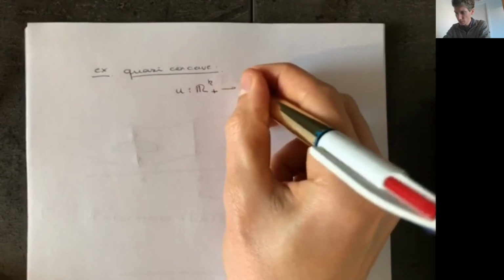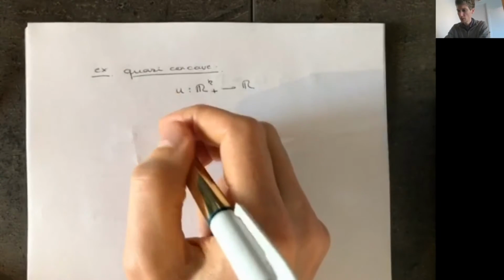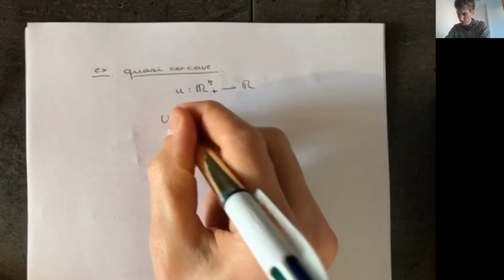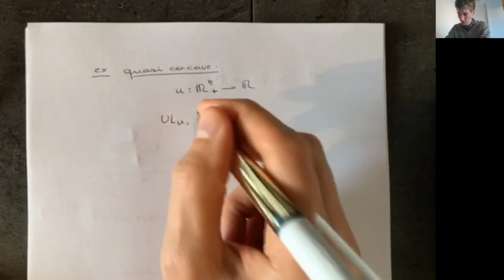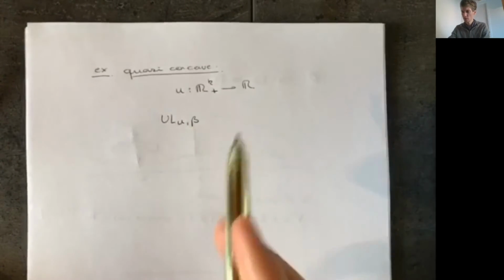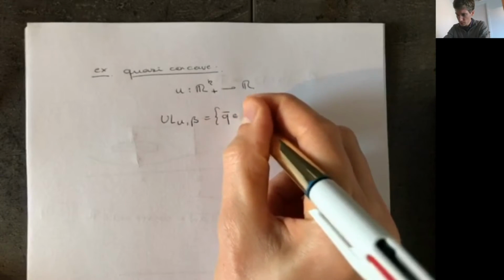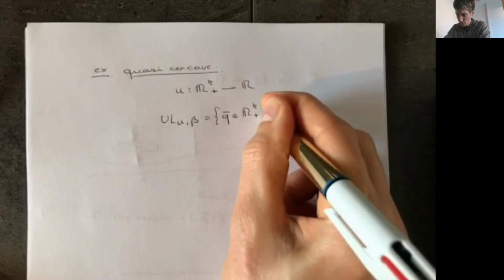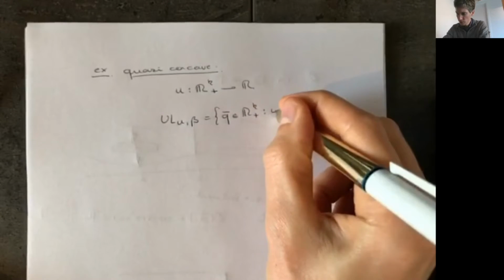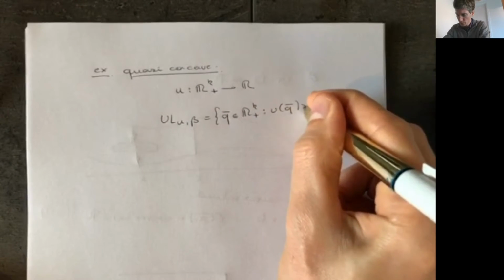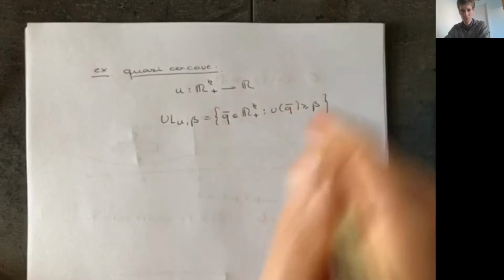These are all k-dimensional bundles, and it produces a number in R. Okay, so for quasi-concavity, what we need to do is look at the upper level sets of the utility function u at some particular beta. Right, so these are all the bundles in R^k plus such that the utility of q is greater or equal to some number beta.